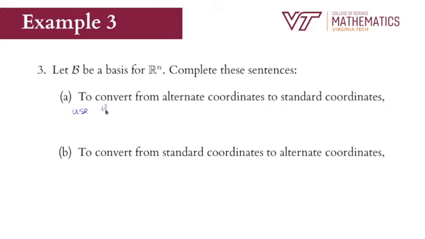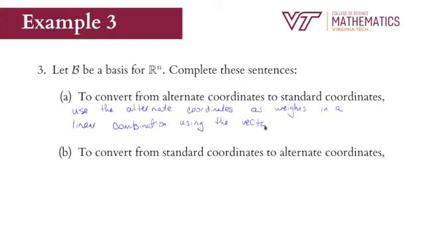Use the alternate coordinates as weights in a linear combination using the vectors in B.